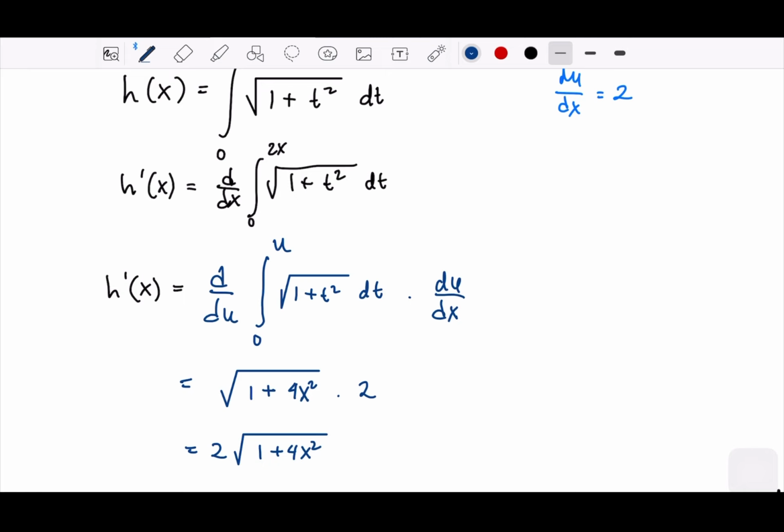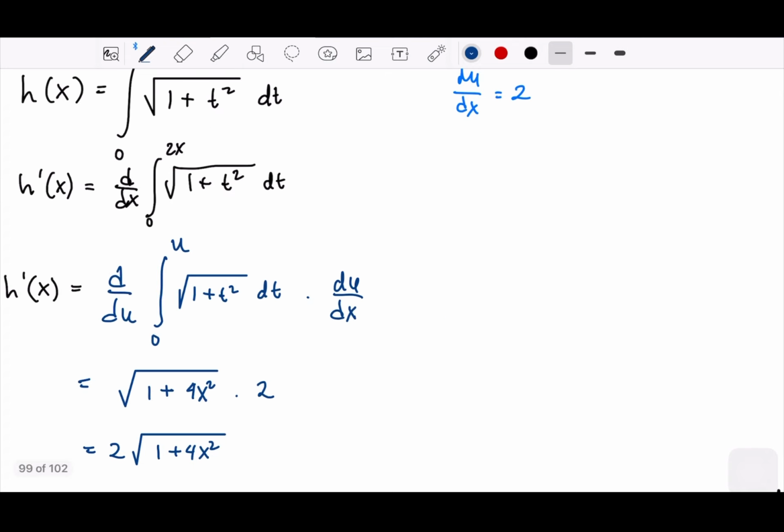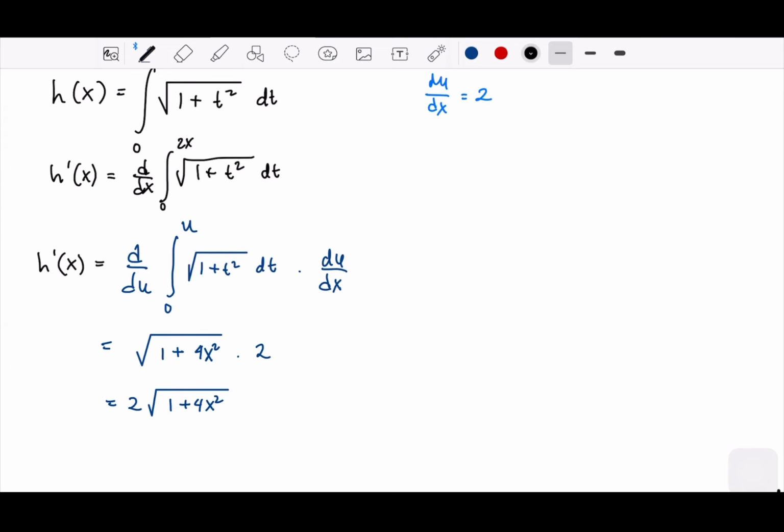And perhaps if this aspect of substitution may be a little bit confusing, let me write in a different way. Let's say we have g of x equal, from 0 to h of x. Actually, you can take this from any constant. If you remember the previous page, it doesn't really matter, right?